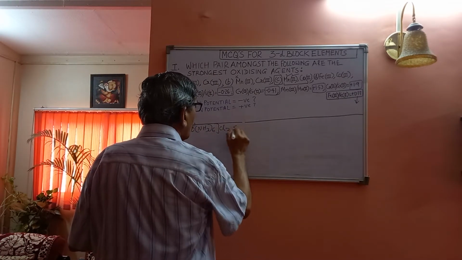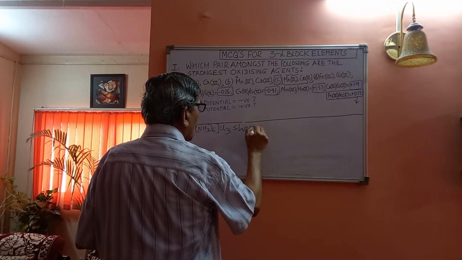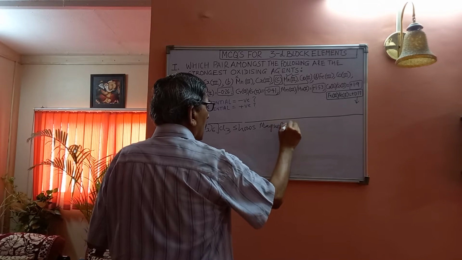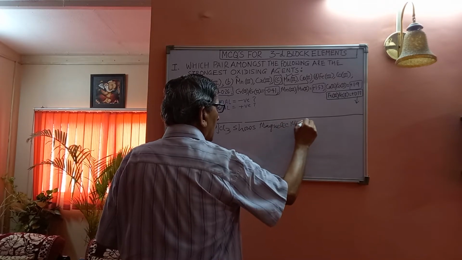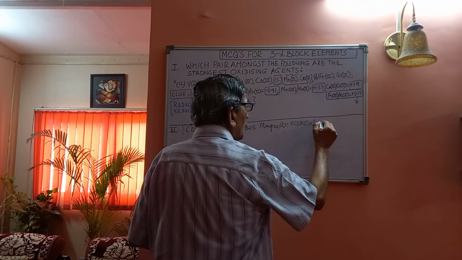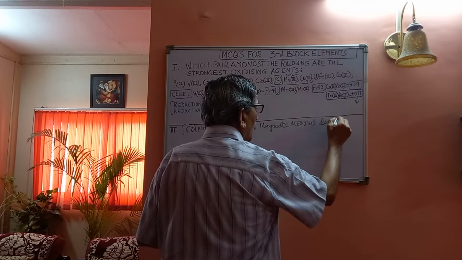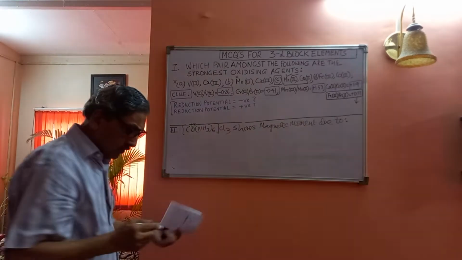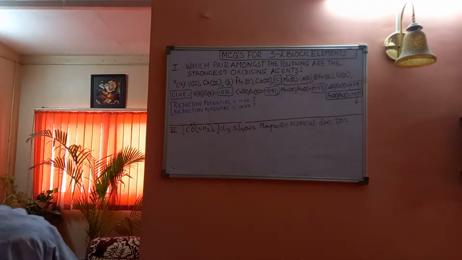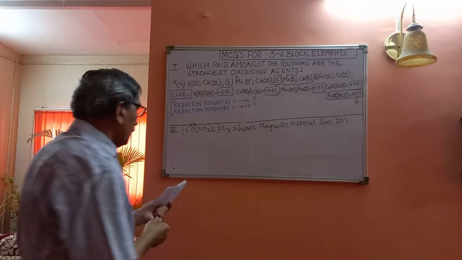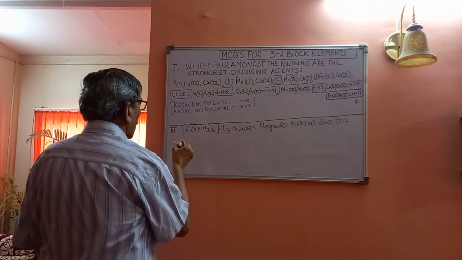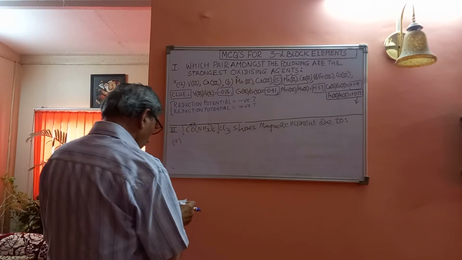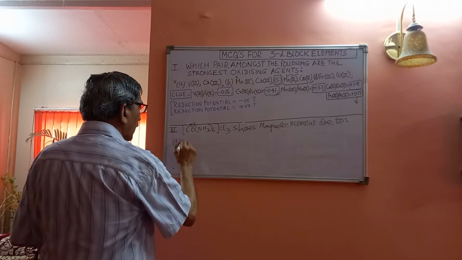So the question says this complex shows magnetic moment due to, and the choices are, so let's take up the choices. Our choices are: A, 4 unpaired electrons.